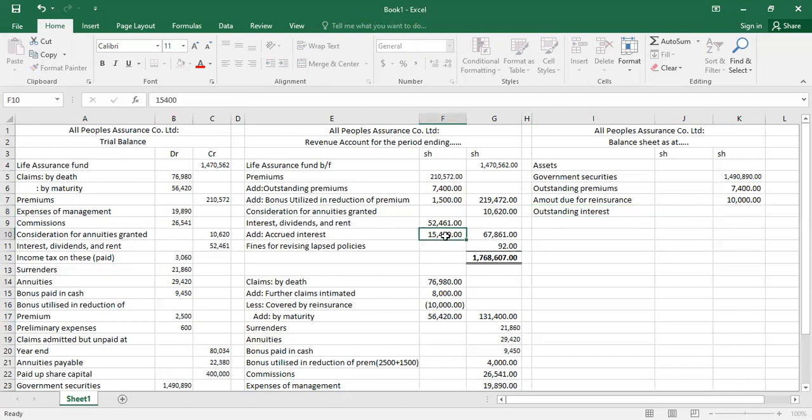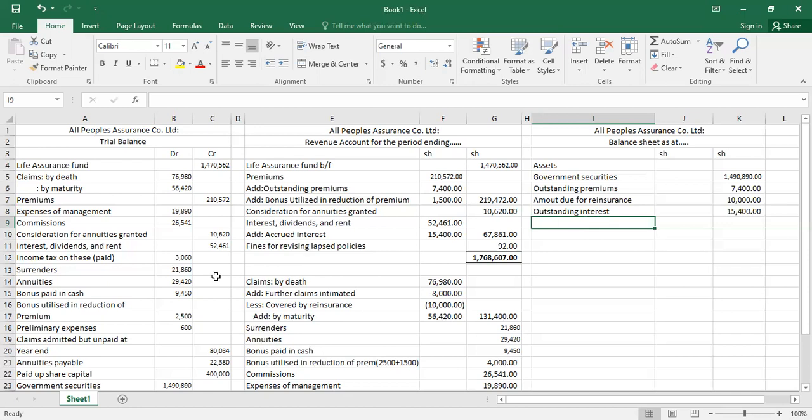The one that is 14,4, 15,4. I go on. So I have the outstanding premiums, the amount due for insurance. I have the accrued interest, it was 15,4.